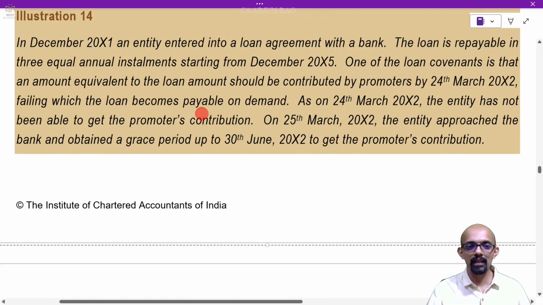As on 24th March, the entity has not been able to get the promoters' contribution. So there is a breach, and because of that breach, has the loan become payable on demand? Yes, as per the terms. On 25th March, the entity approached the bank and obtained a grace period up to 30th June 2012 to get the promoters' contribution.